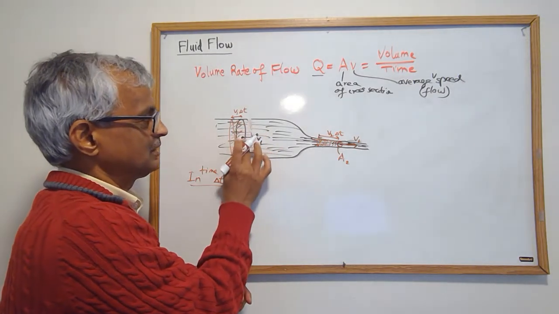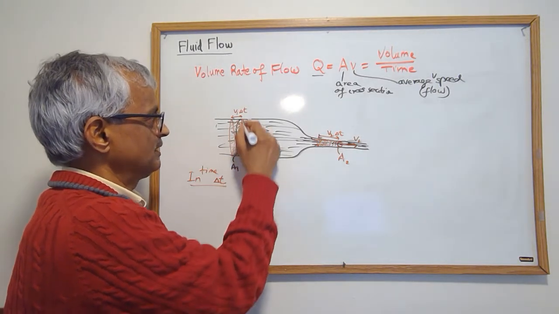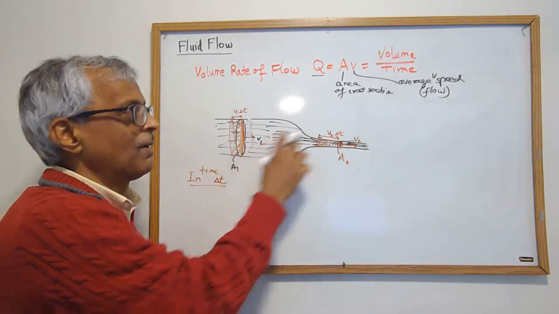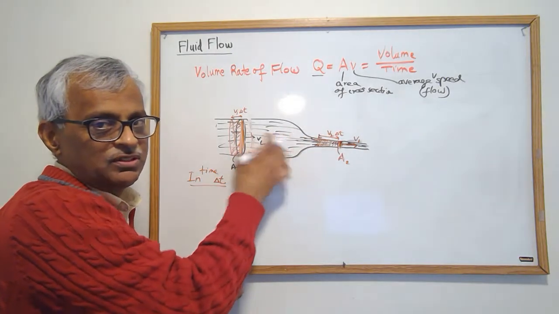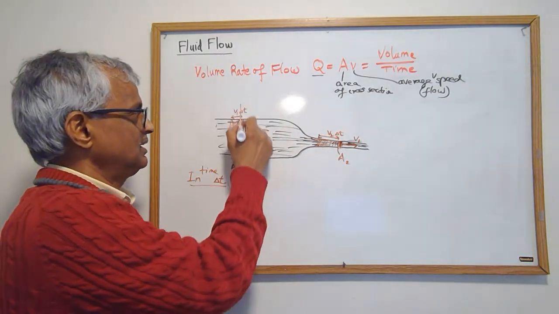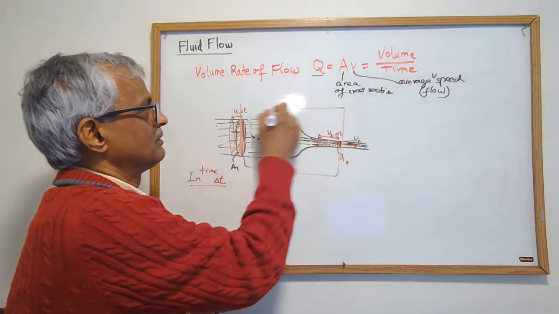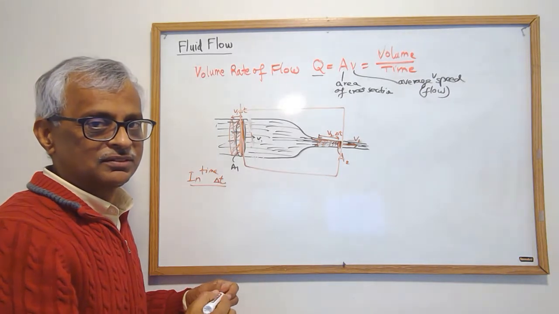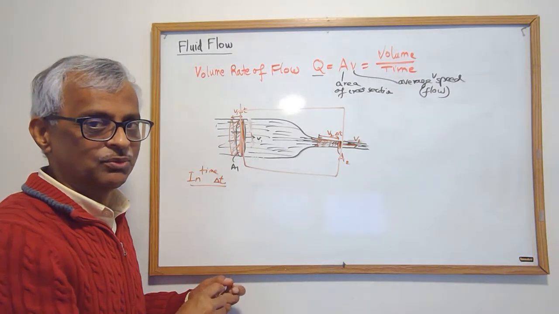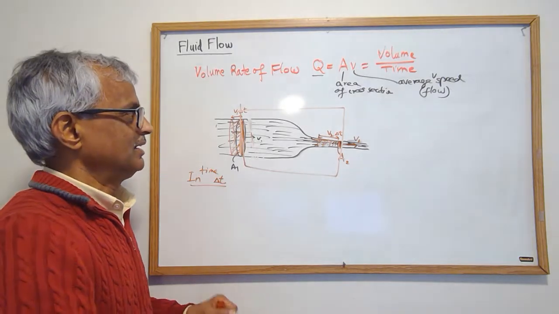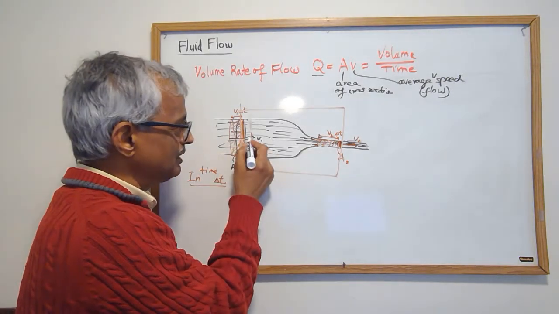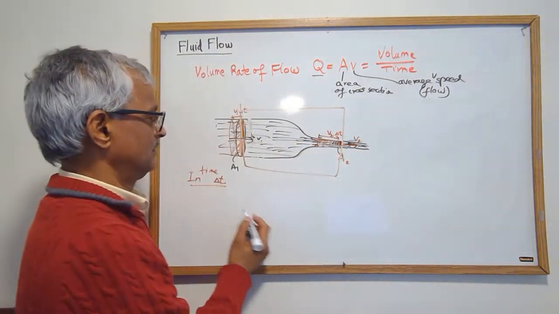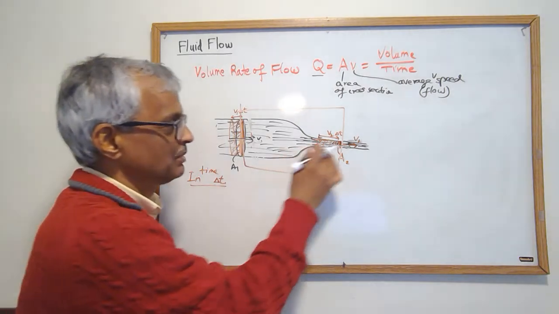Because between point 1 and this point, any fluid that comes in must leave because this volume is not changing. Between these 2 points, the volume is fixed. I want you to think about it. This is a very important point. So the volume that came in 1 second must equal the volume that left in 1 second, or volume that came in delta T must leave in delta T.